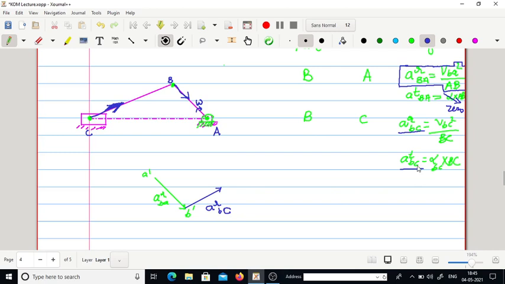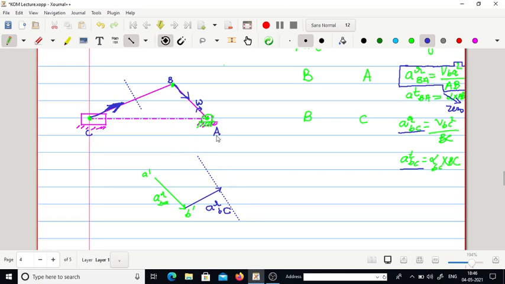The tangential component of B with respect to C can be drawn by putting a perpendicular on link BC, but its direction is not known, so we will draw a perpendicular or a similar vector like this. We will put it here, lift it from there, and draw a vector like, just a minute here.